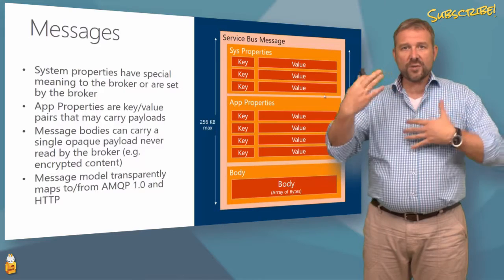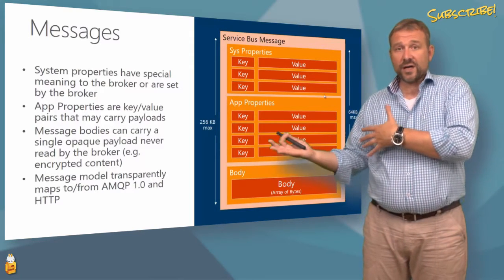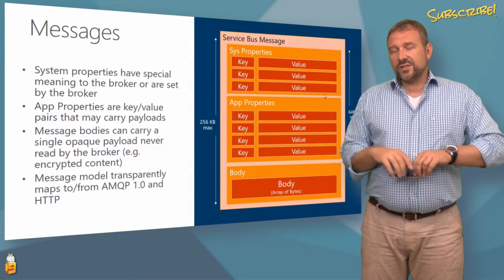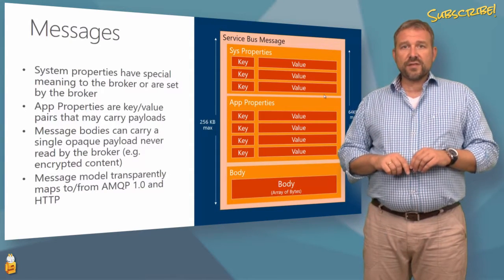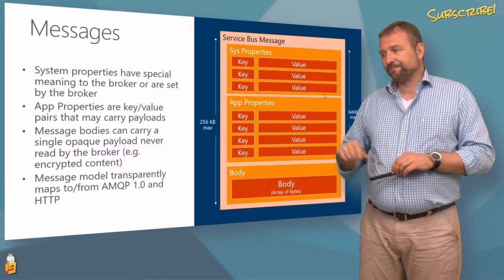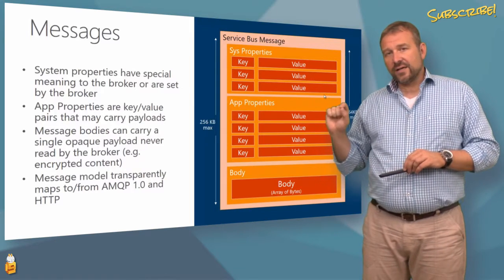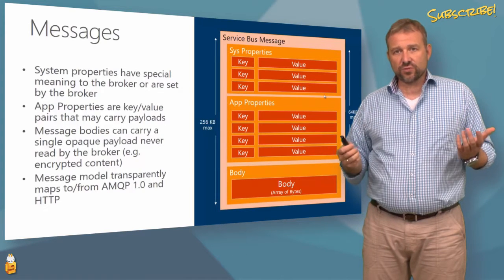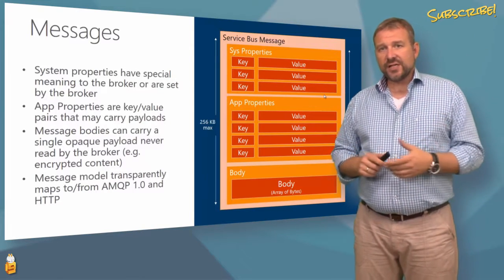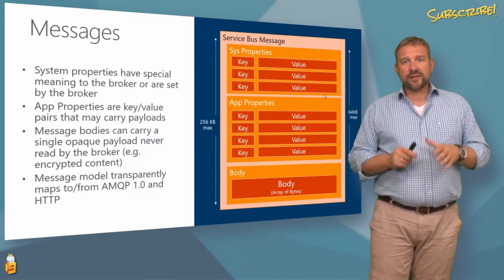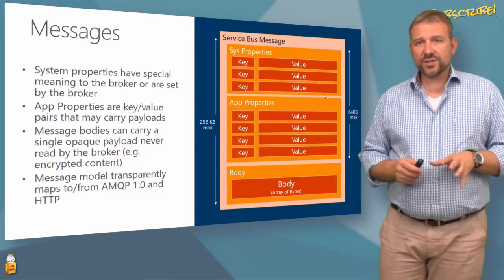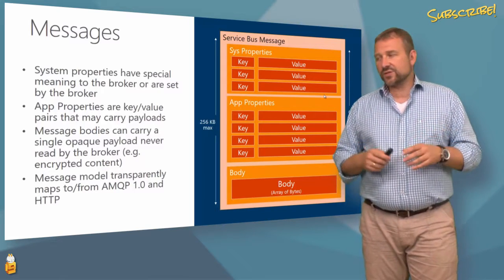You can put arbitrary properties in here. You can also have no body at all and just put your data into the properties if you want to. And into the system properties goes everything that the broker needs to understand. The application properties can be used for filtering in these subscription rules. So you can make these SQL 92 expressions, and with that basically target your data stream towards particular partitions, or filter which messages you want to see.